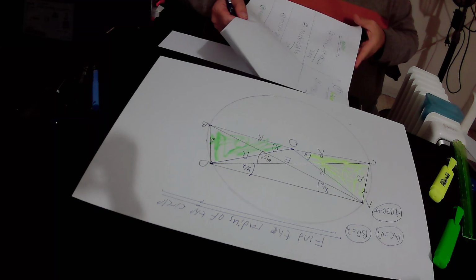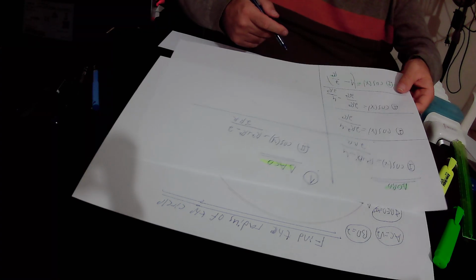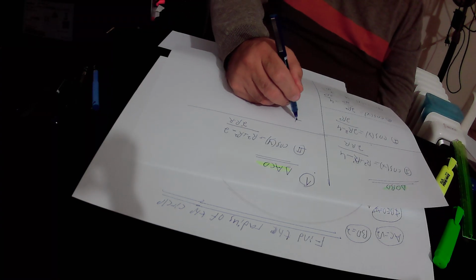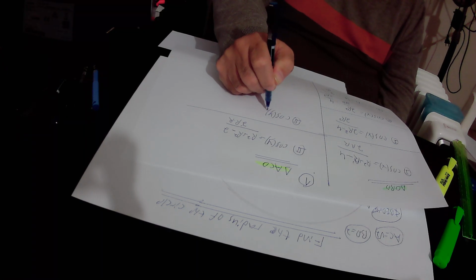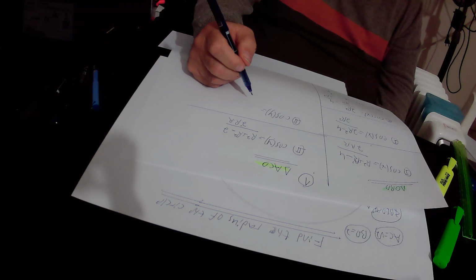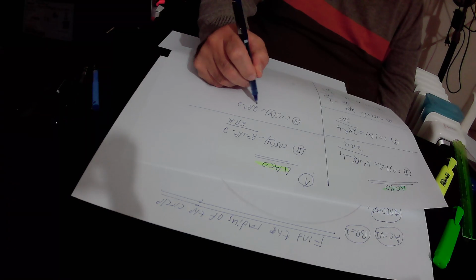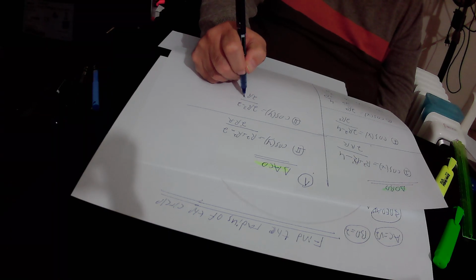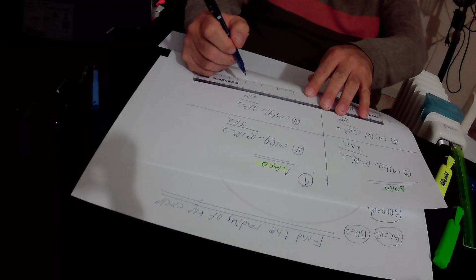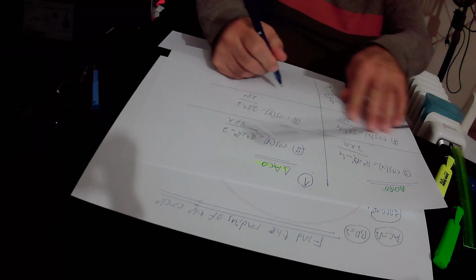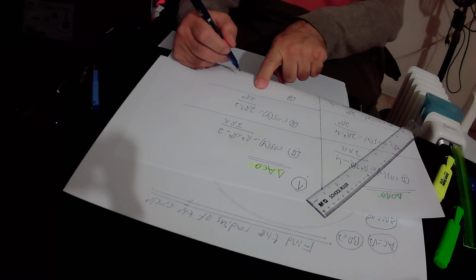So here cosine y equals r squared plus r squared is 2r squared, minus 2 over 2r squared. We split this expression into 2 parts.